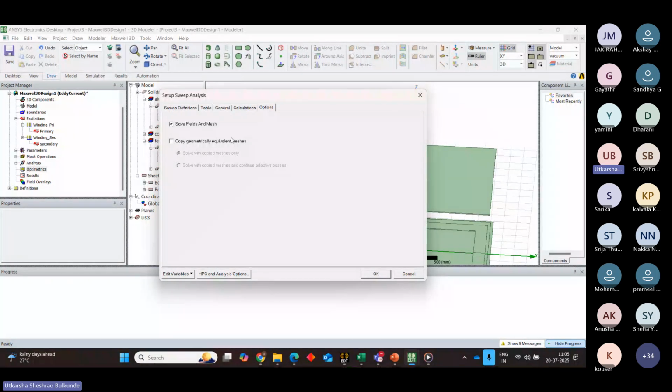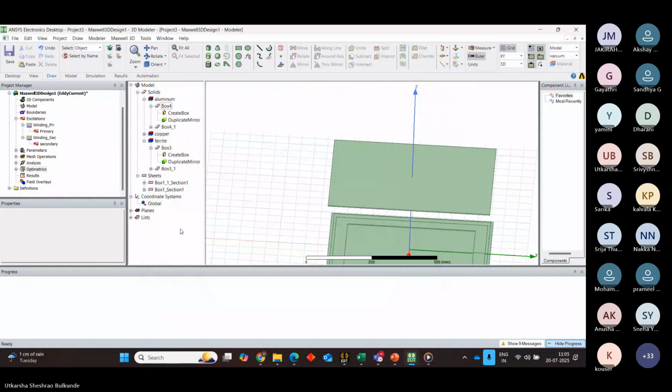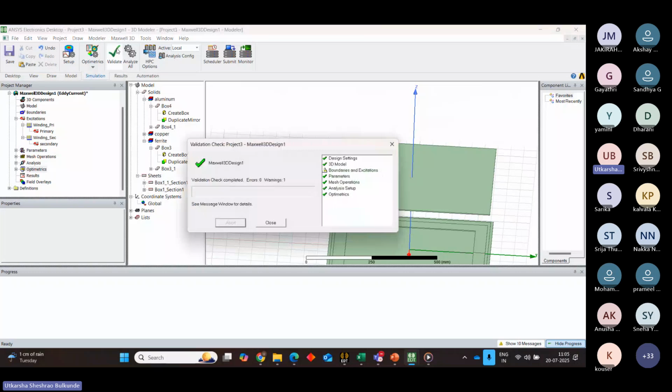This option will save the field for every sweep. Okay, now we will see how it will happen. So save field and mesh, please select this option. Then okay. I think we are done.